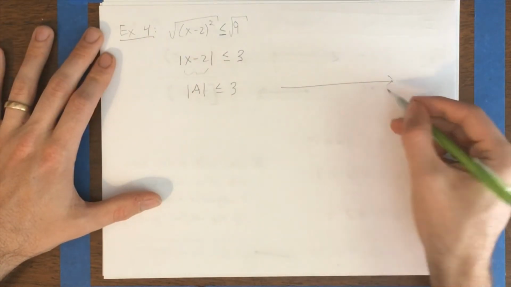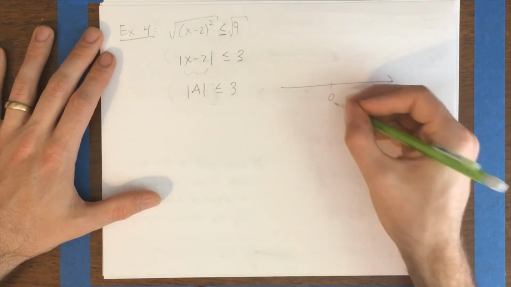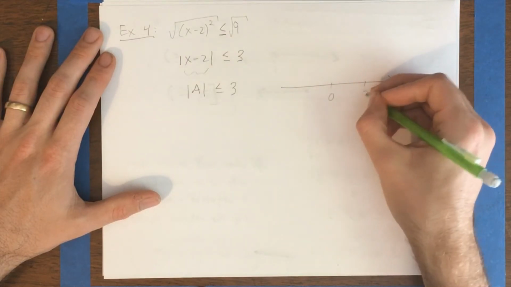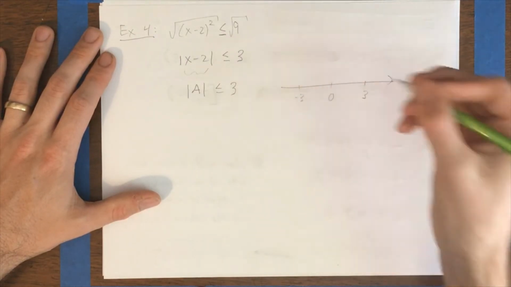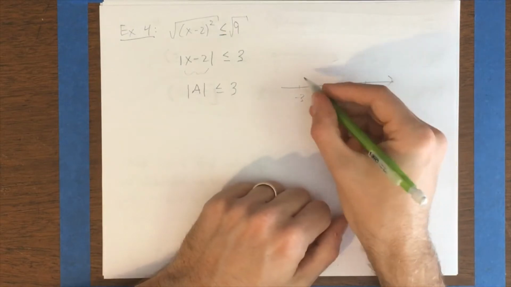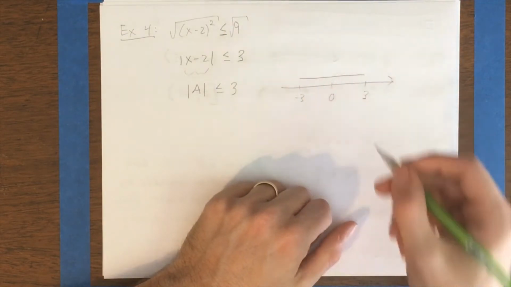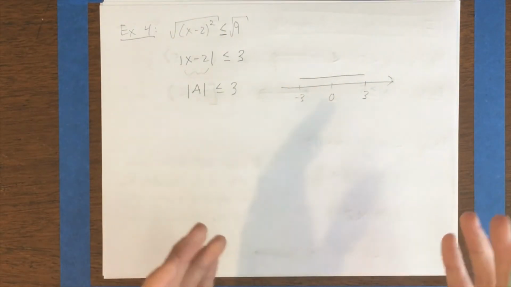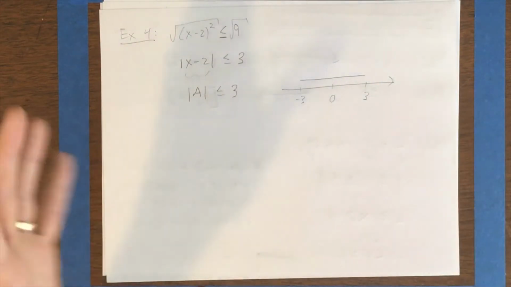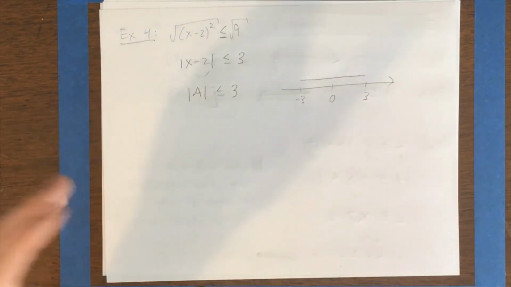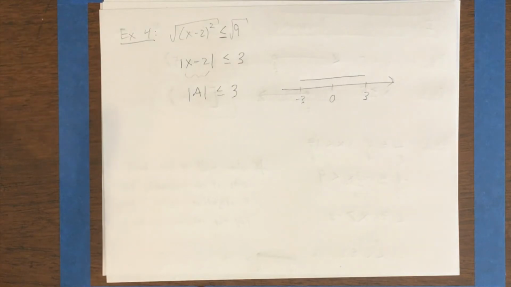On a number line, I think it might be better to draw a picture. If you have 0, you'll have 3 on one side and negative 3 on the other side, right? And anything within this range is closer to 0 than 3 is. It's inside that 3 unit range.